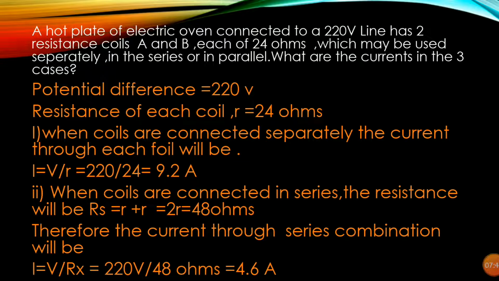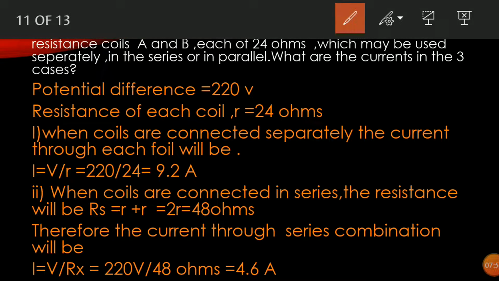Let's solve this. Let's write down the given information. The potential difference given is 220 volts and the resistance of each coil given is 24 ohms. Now, case number 1. What is the current when the coils are connected separately? From Ohm's law, we derived that V is equal to IR.